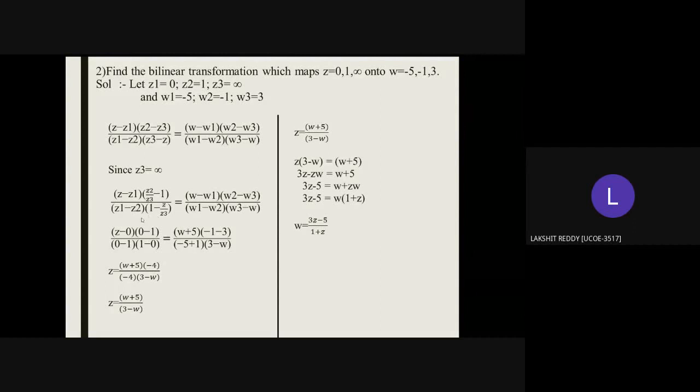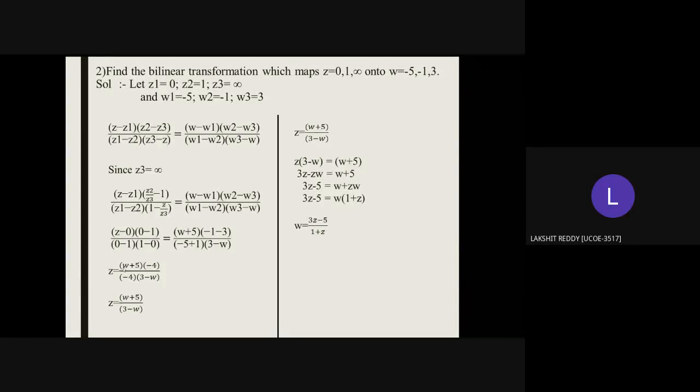You will put all the values in the equation. So you will get (z minus 0)(0 minus 1) upon (0 minus 1)(1 minus 0), which equals (w plus 5)(minus 1 minus 3) upon (minus 5 plus 1)(3 minus w). Further you have to perform the calculation.